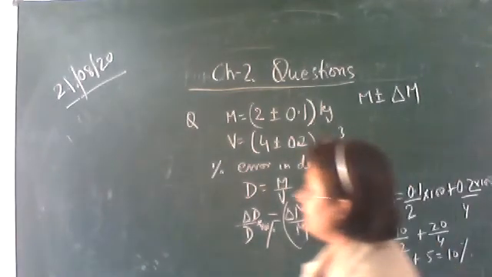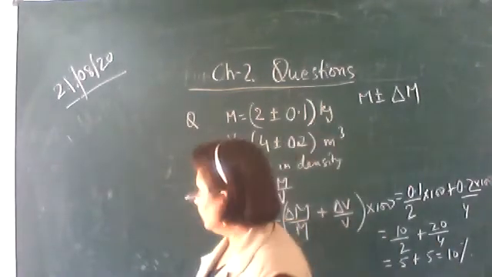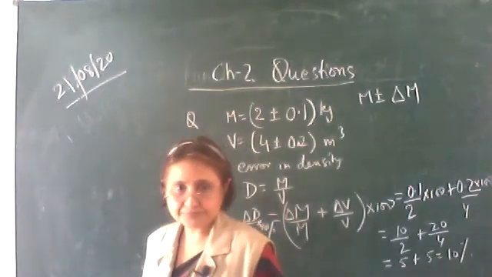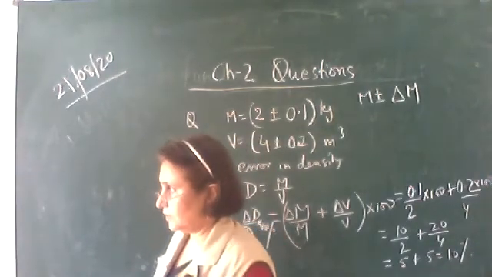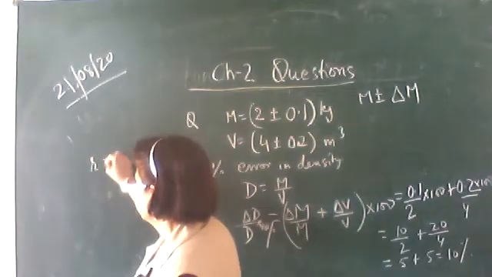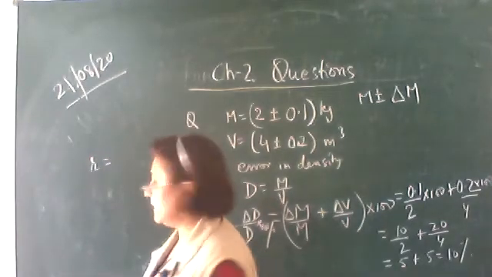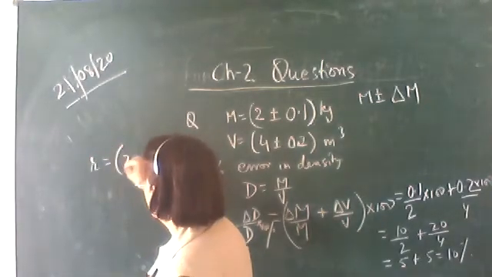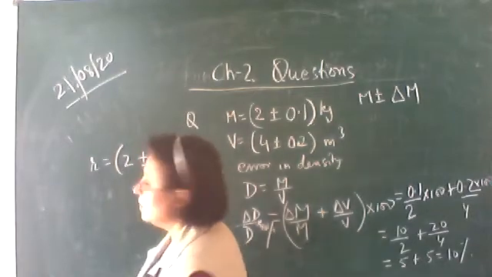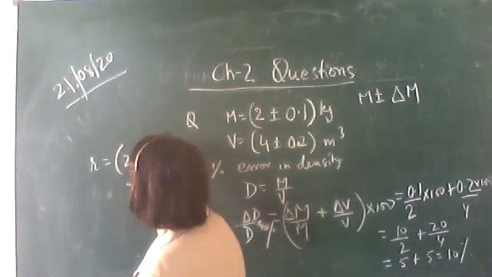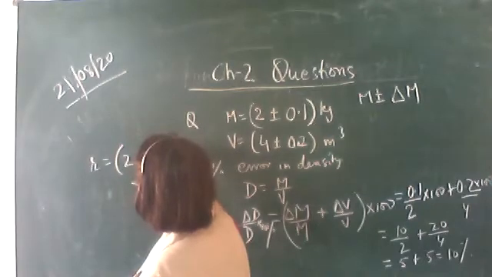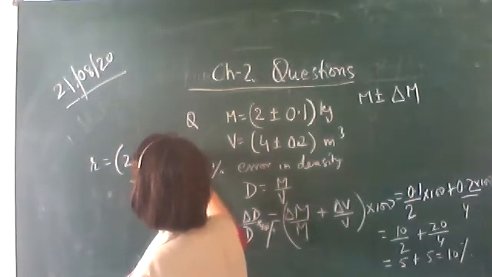Write down: the radius of a sphere is given as 2 plus minus 0.02 meter.